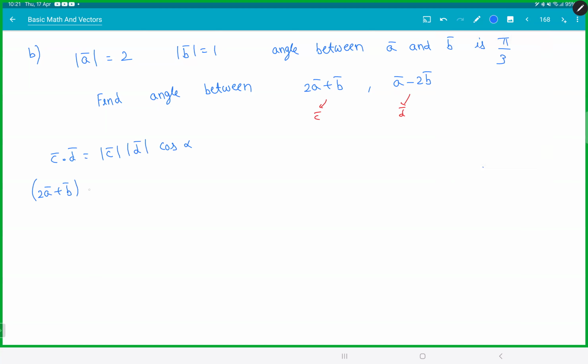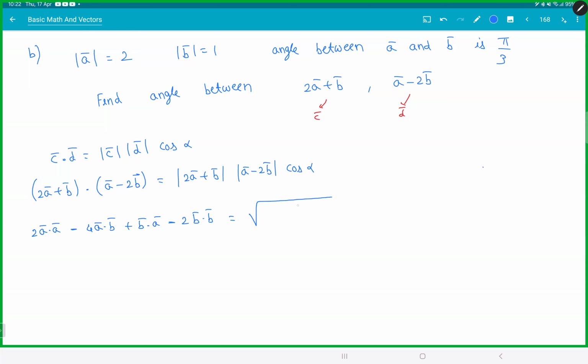2A bar plus B bar dot A bar minus 2B bar, over mod 2A bar plus B bar, mod A bar minus 2B bar, cos alpha. Cross multiply: 2A dot A, then 4A dot B. Be careful, that is A dot B, it is not AB, plus B dot A minus 2B dot B. This is root over 4A square plus B square plus 2 into 2A into B into cos 60.